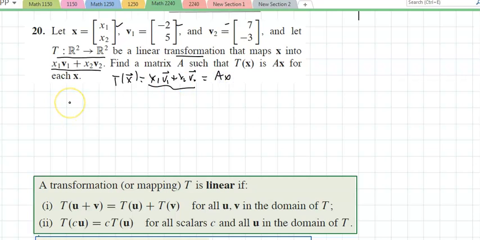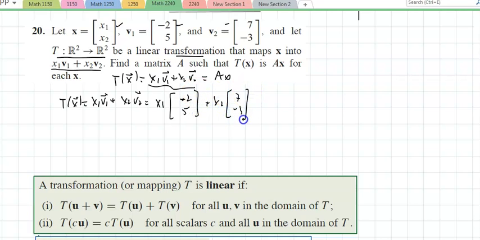Well, let's see. If I take T(x) equal x1 v1 plus x2 v2, that would be x1 times negative 2, 5 plus x2 times 7, negative 3.